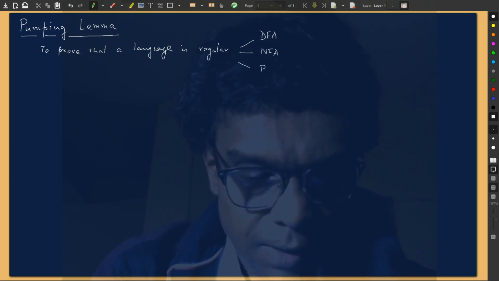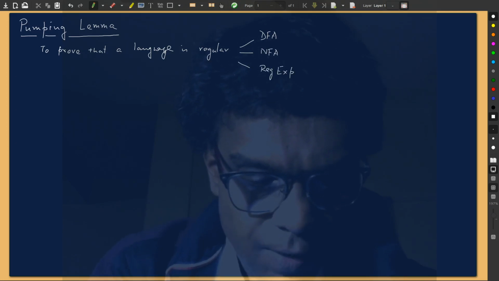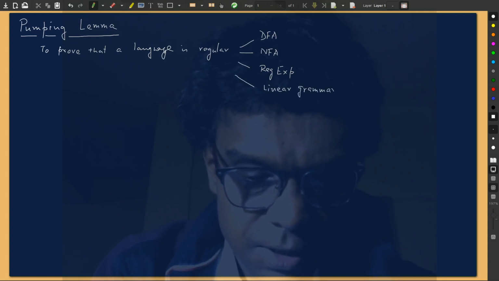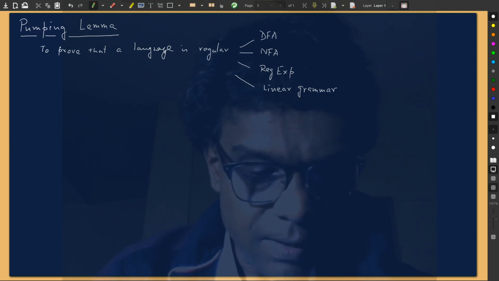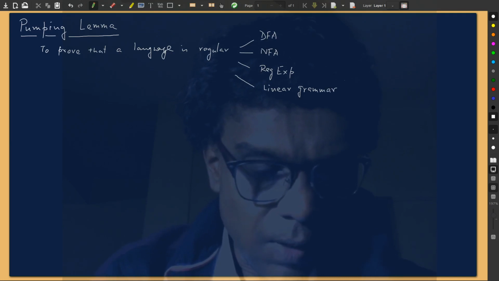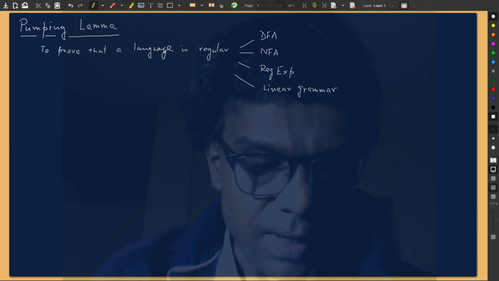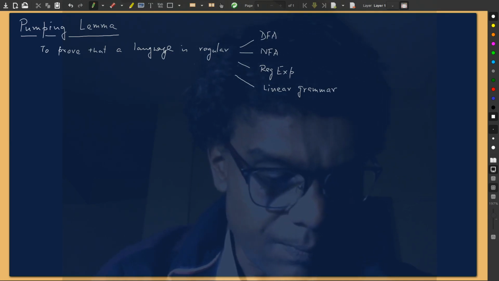You can write a regular expression for it. In fact, later we will see you can also write what is called a linear grammar for the language. All these things establish that certain languages are regular. Whatever it is, a regular language has a finite description.